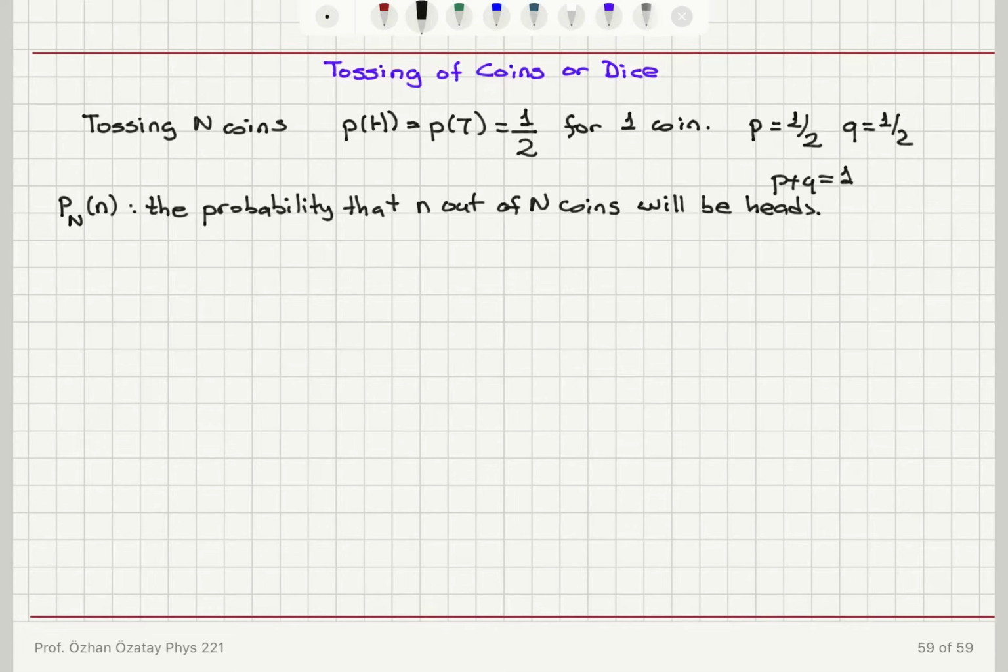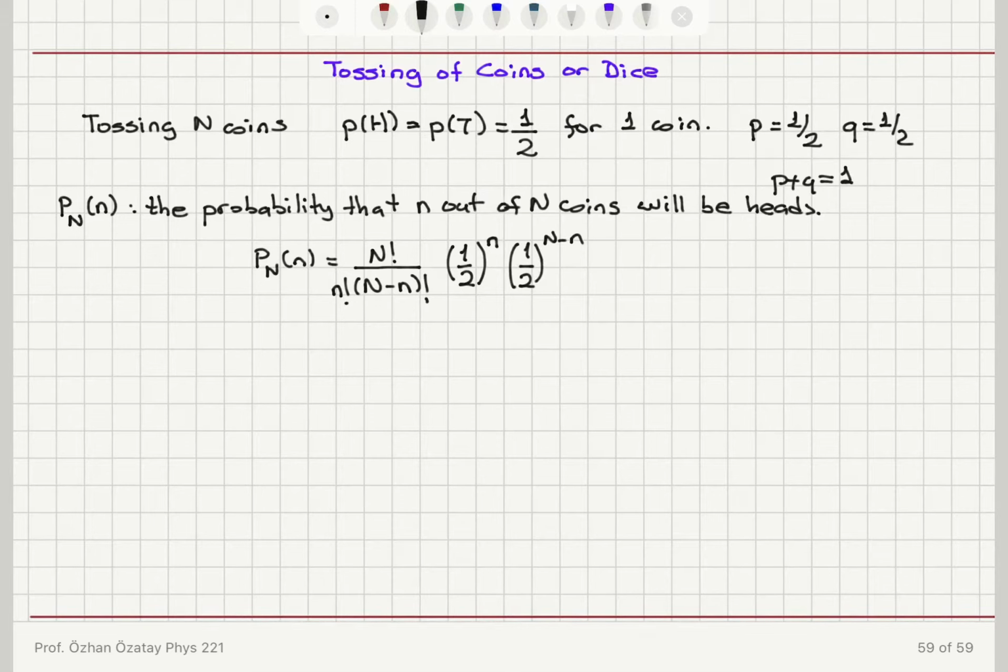And that is given by the binomial distribution again. So I have capital N factorial over n factorial, capital N minus n factorial, the number of combinations of n objects, multiplied by 1 over 2 to the power n and 1 over 2 to the power capital N minus n.